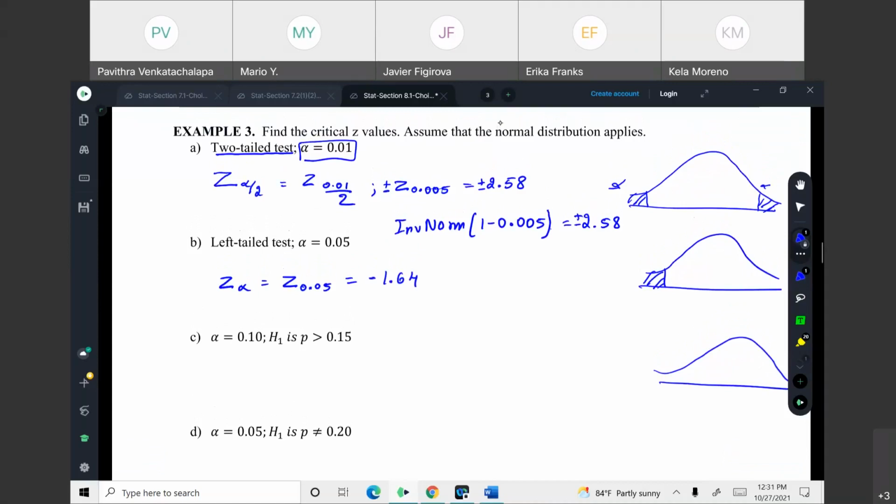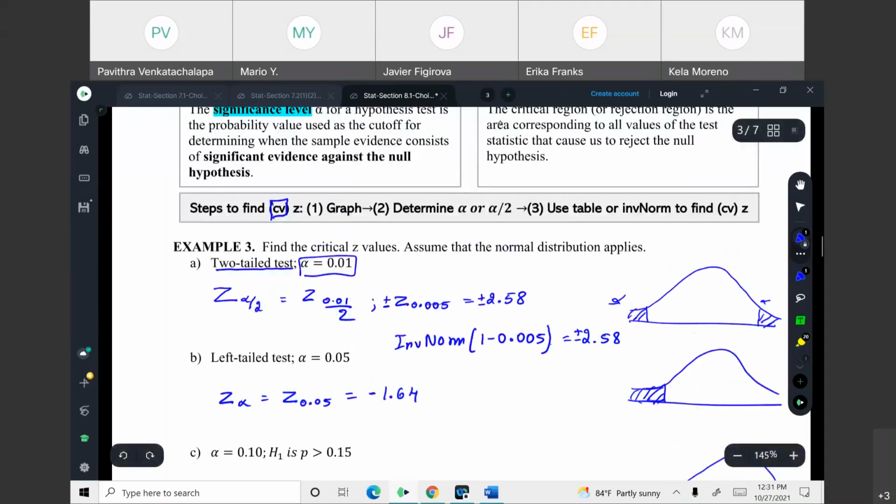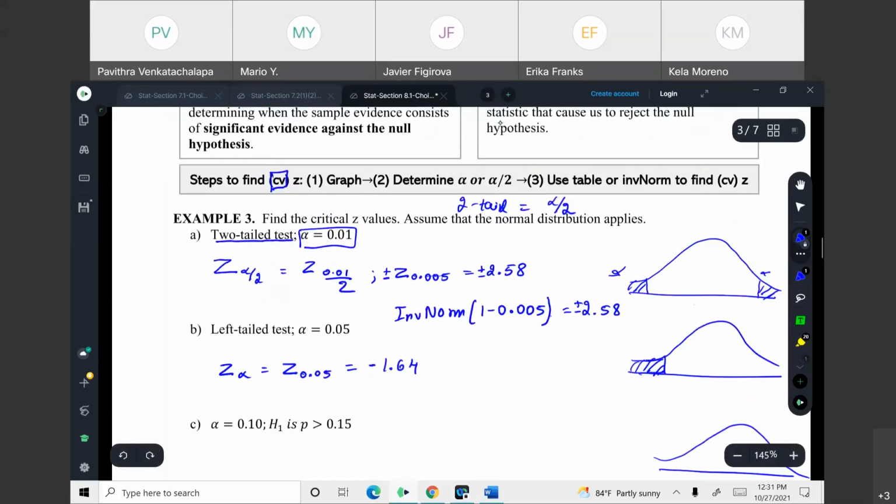We use 0.05. Why? Because we are using only one tail. If you are using two tails, that means you have two alphas, so you are going to divide by alpha by 2. You have one area given, so you divide it between two sides. If you have only one side and one area, you give that area to the one side.